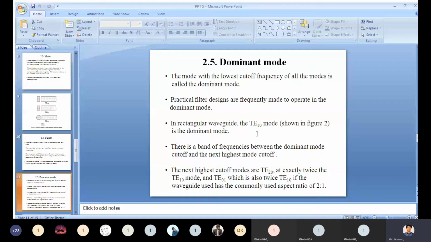There is a band of frequency between the dominant mode cutoff and the next highest mode cutoff frequency in which the waveguide can be operated without any possibility of generating suppressed modes.